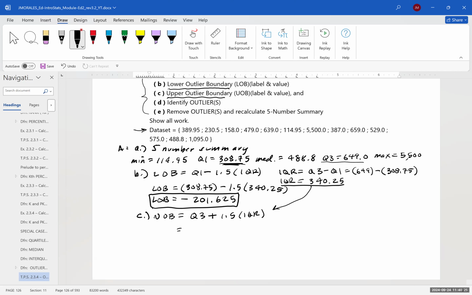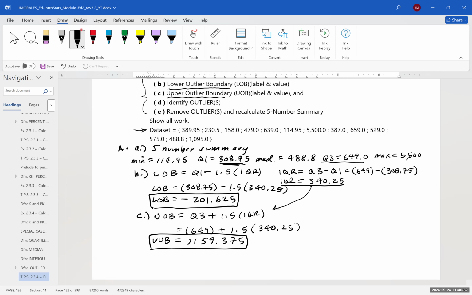The third quartile is 649 plus 1.5 times 340.25. And when you enter this expression into your calculator and simplify it, that should come out to 1,159.375.